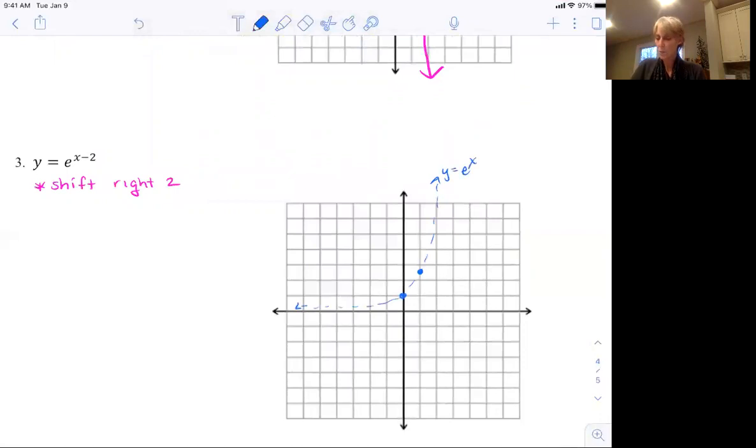I'm going to take my 2 important points and shift them to the right 2 units. Notice again with the horizontal shift, we're not changing anything. We still have 0 as our horizontal asymptote. So I'm just going to kind of level off and then go up.